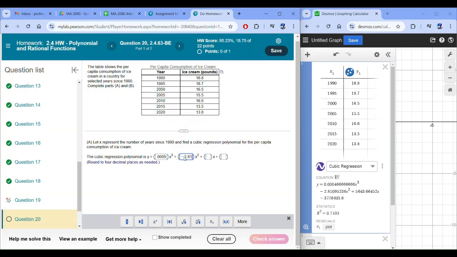Dang it, that goes up to 110. What's attached to the x? I have a 5. This is so hard to see. 5643.6645, and then the last one is negative 3776835.6.